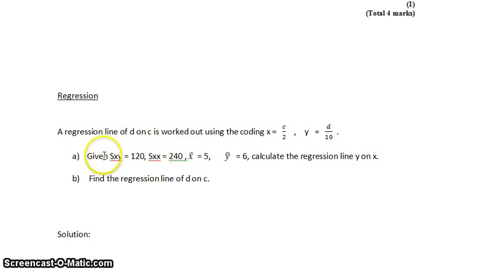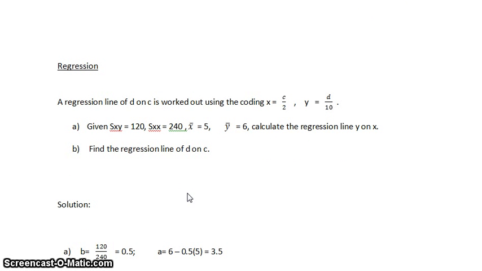Now you can do that using the summary statistics given to you in part A, and then part B says find the regression line of d on c, so that's where the coding comes into it. Let's just have a look at part A. In your regression line you need to work out the values of a and b.